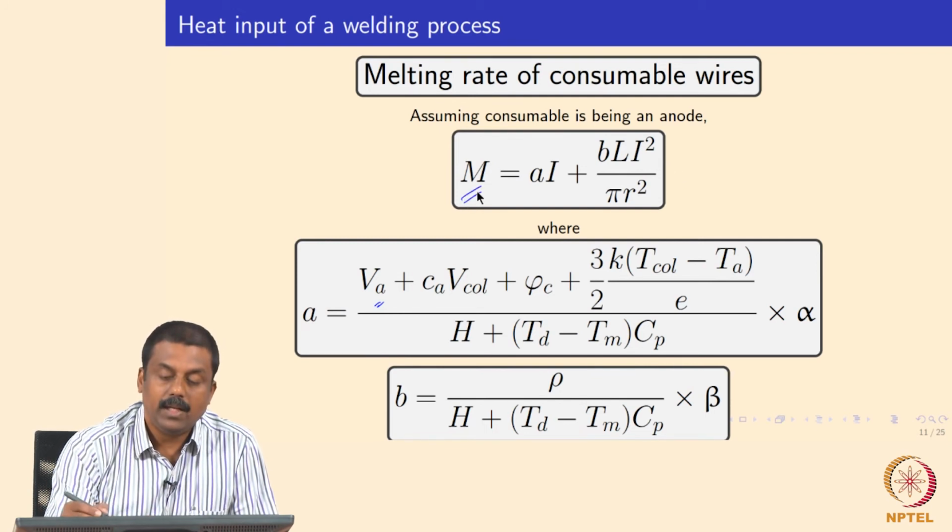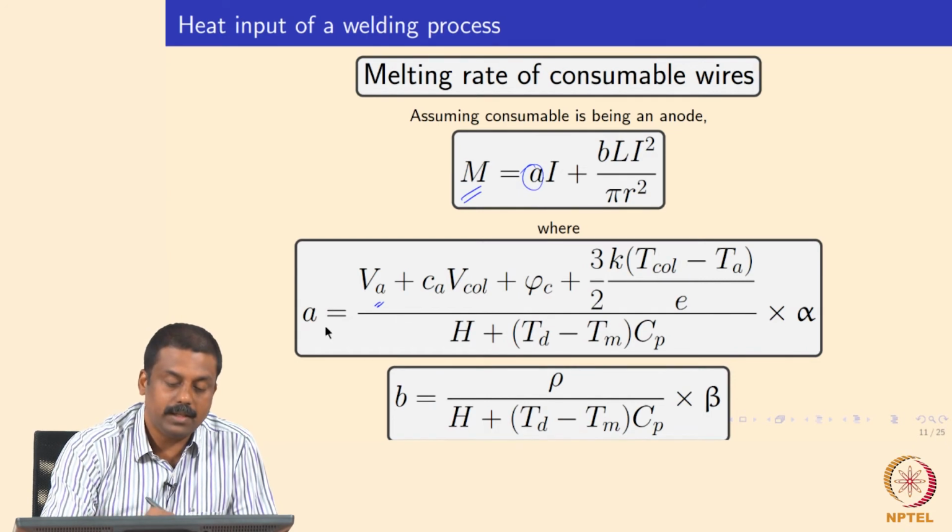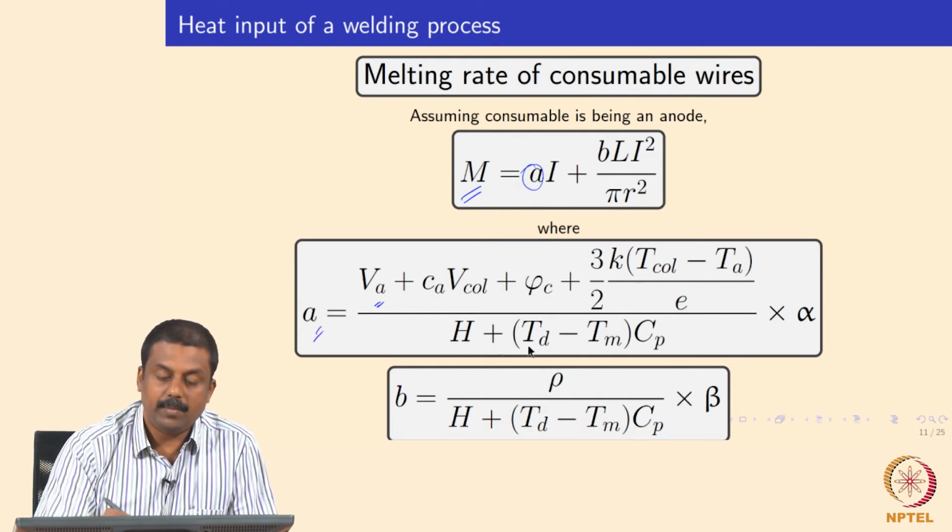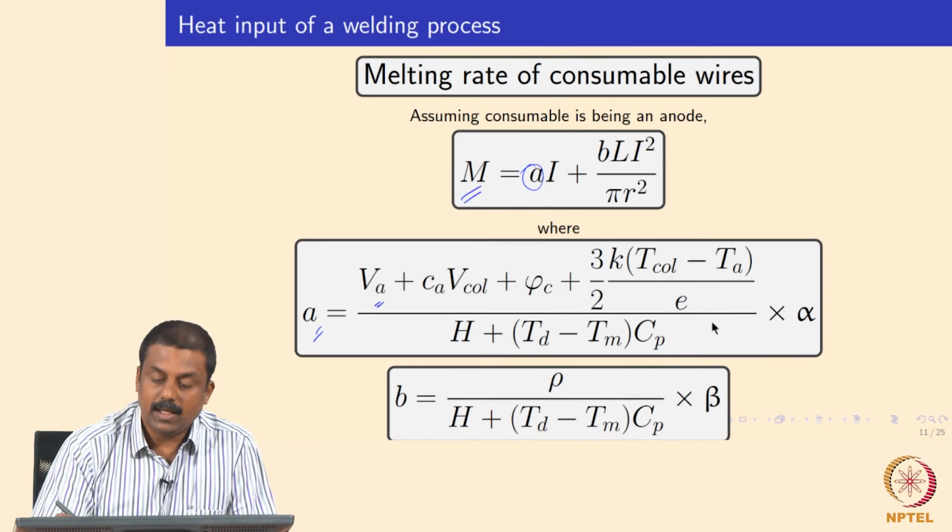ultimately leading to the melting rate of an electrode, which is nothing but a constant, and this constant is a function of the parameters which control the characteristic of the GMAW process.